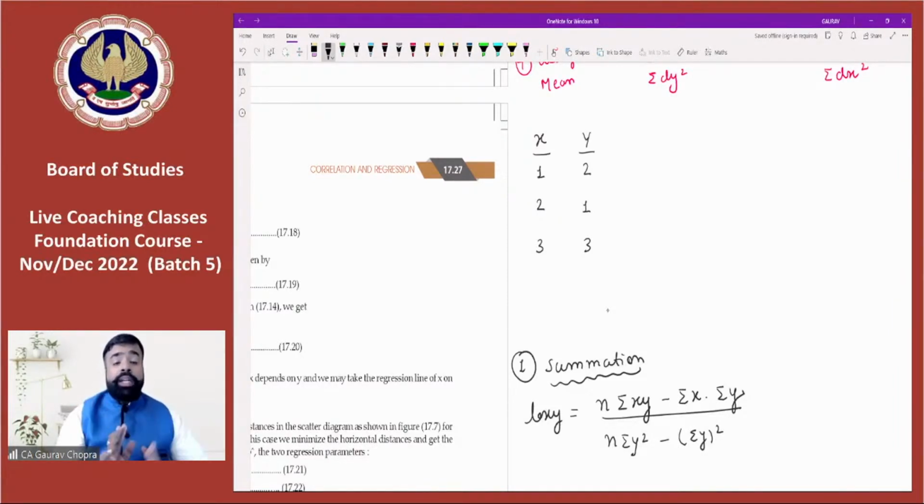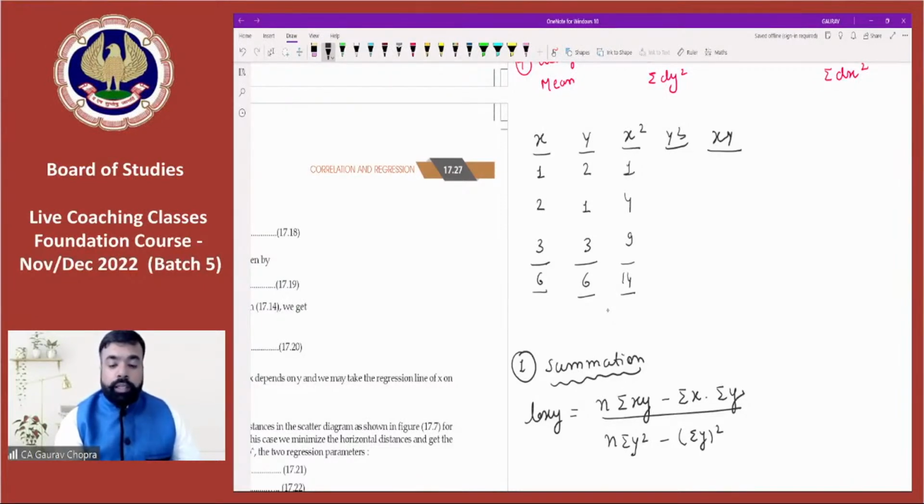Okay, so according to this formula, what is our requirement? We require sigma x. Sigma x is 6. Sigma y is also 6. Now let us find the other values. We also require x square, y square, and then xy. X square is 1, 4, 9, total 14.